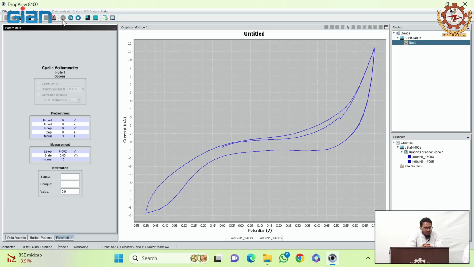One scan completed. Now second scan, 14 more to go.